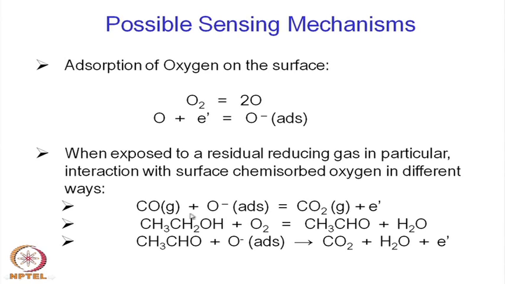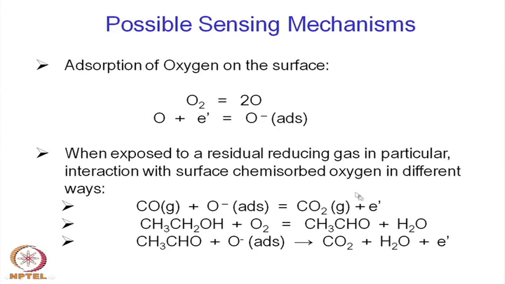When it comes in contact with the surface where adsorbed oxygens are already there, it will react with that and convert to CO2, the oxidized gas, and in the process it will release this electron where it was taken from.